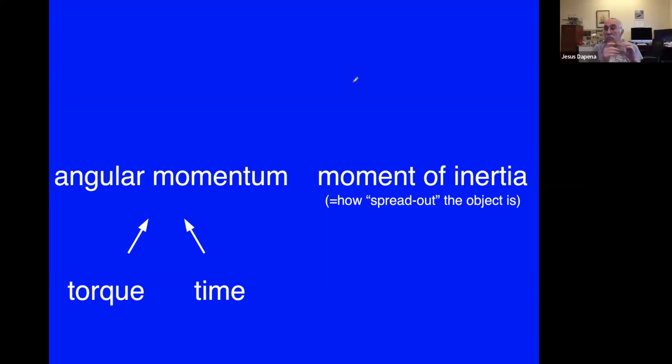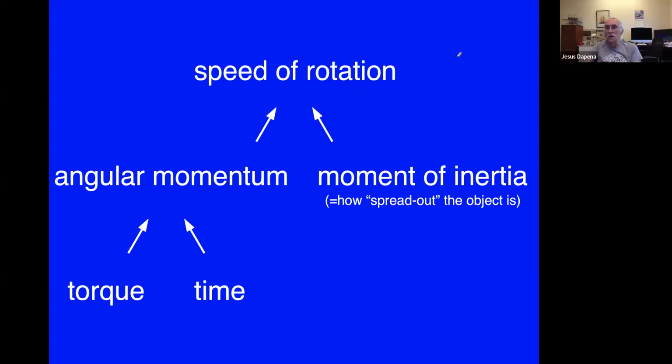And then the person can play with the moment of inertia to adjust the speed of rotation. So to a certain extent, the person can play with his or her speed of rotation, even if angular momentum stays the same. Okay, so enough mechanics.